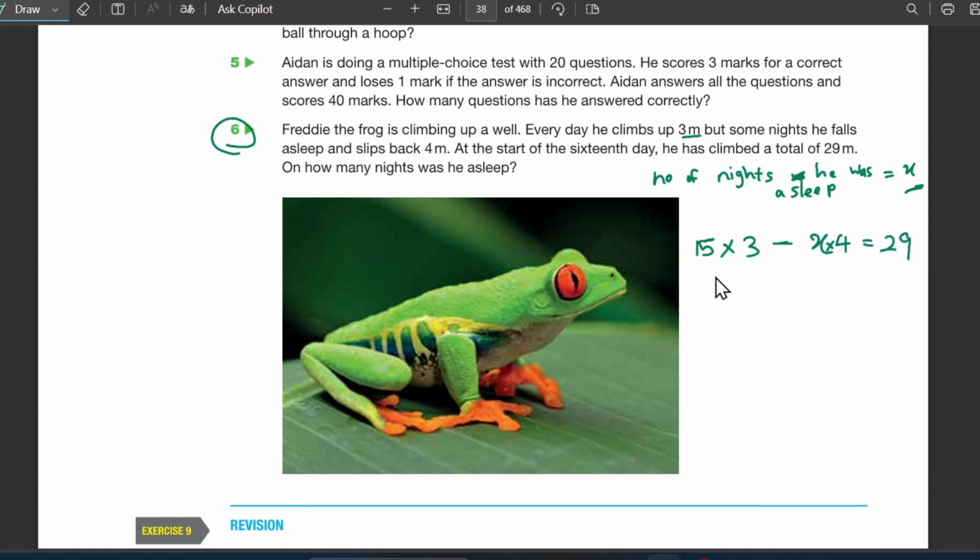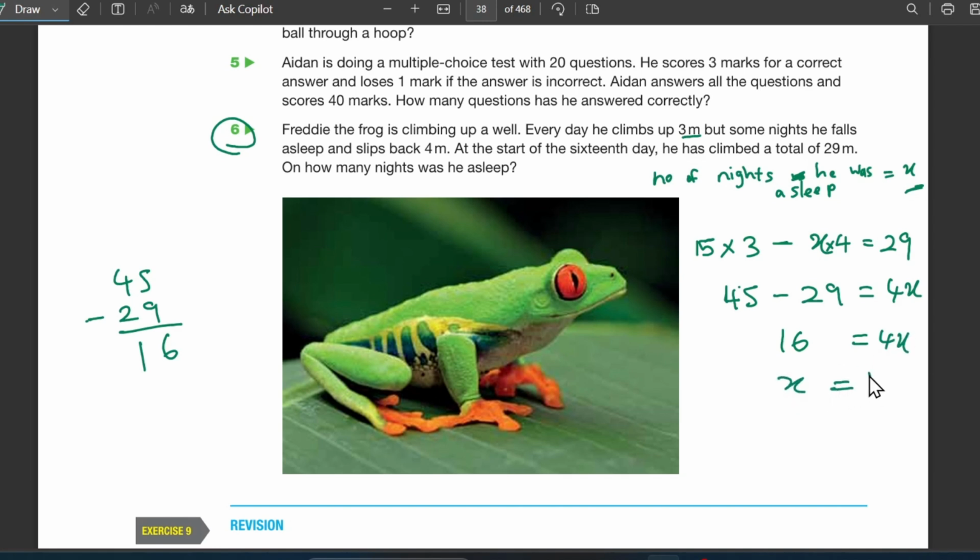This is the correct one. So 45 minus 29 equals 4x. 45 minus 29 is 16. Yeah, now it's correct. x equals 16 divided by 4. That's 4.